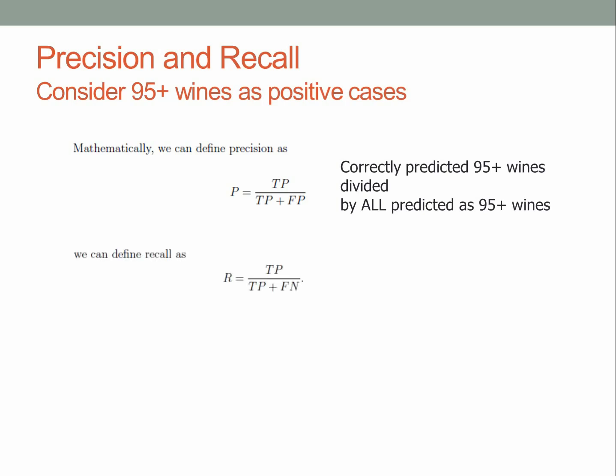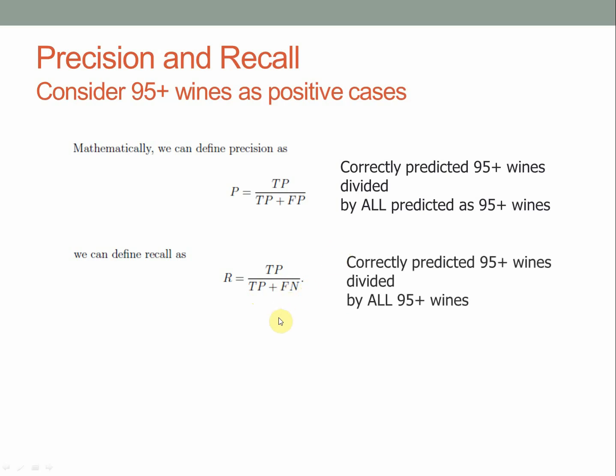Recall is slightly different. It's still true positive, but divided by true positive plus false negative. True positive indicates that you predict it as positive, which means 95 plus, and it is a true 95 plus y. For false negative, it is predicted as negative, but that's wrong. In other words, you predicted wrong.